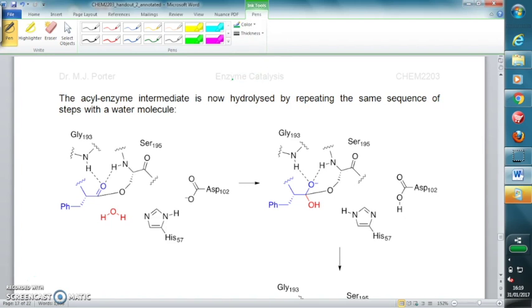But it's essentially the same sequence. So the aspartate deprotonates the histidine, which deprotonates the water, which attacks the carbonyl, and then we go back, tetrahedral intermediate, the serine gets protonated by the histidine, which gets protonated by the aspartate.